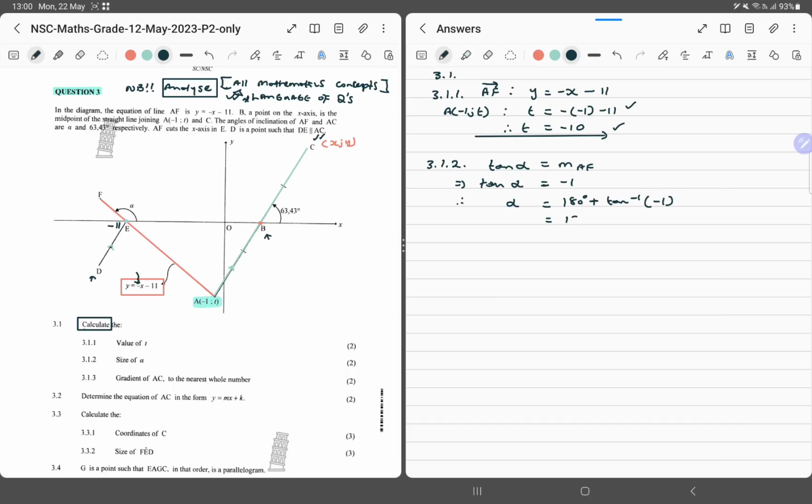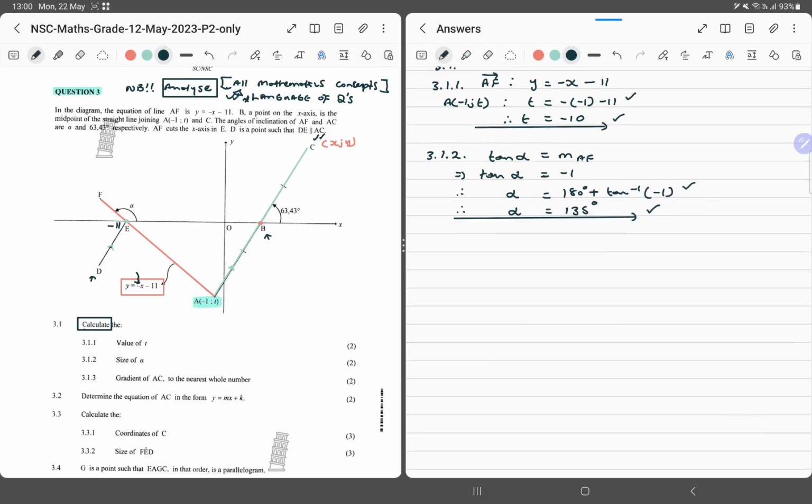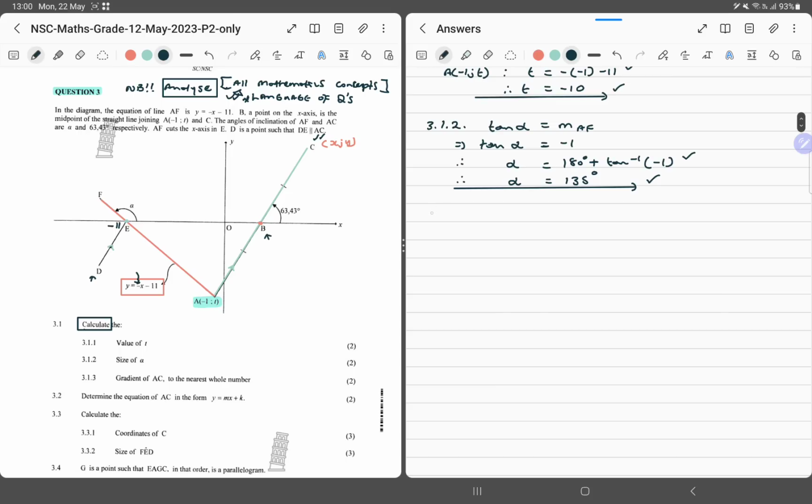So this is 135 degrees. Easy stuff, not a problem. Again here, you're getting marks and you move on. So let's just keep moving without wasting time.